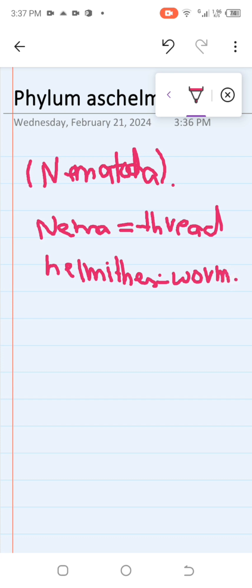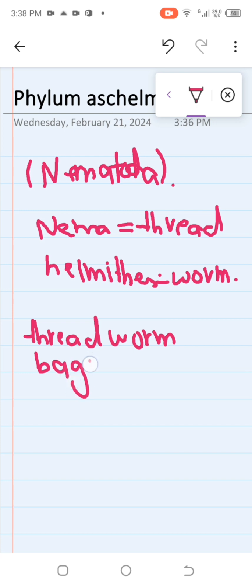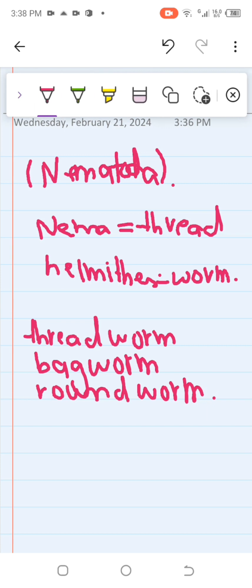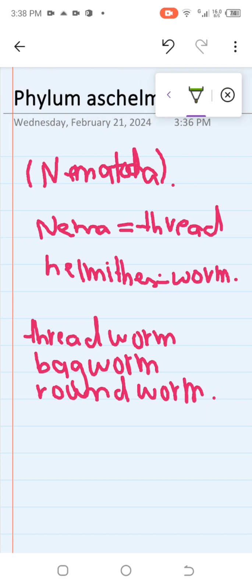They are also known as thread worms, bag worms, or round worms. If I talk about the level of organization, they have organ level of organization.